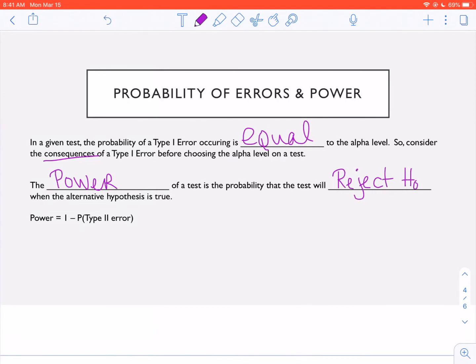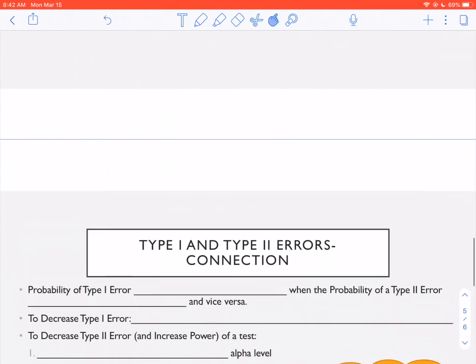So a more powerful test will be more likely to reject a false null hypothesis. And power is equal to 1 minus the probability of having a type 2 error. Calculating the power is very convoluted, and you won't have to do that, but you do need to know how to increase power. We'll talk about that in a second.